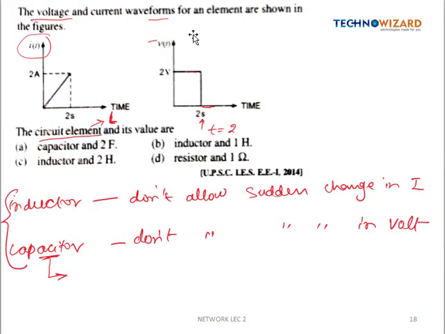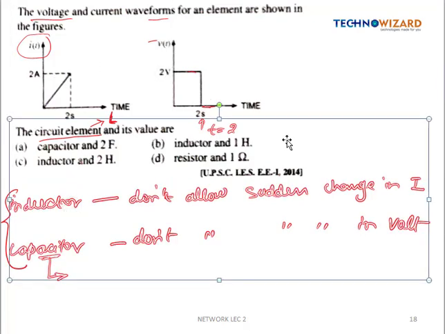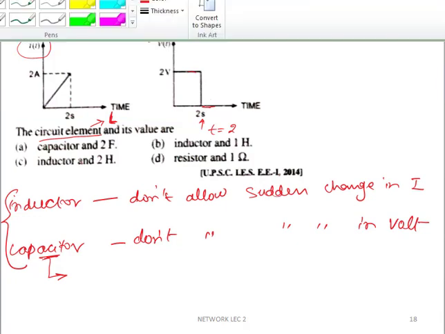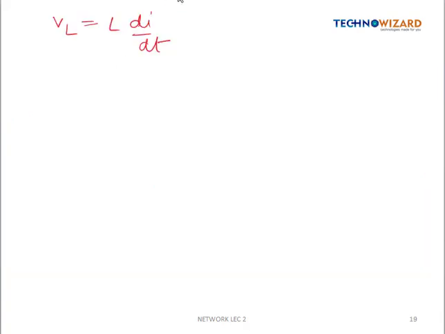So the voltage across the inductor is given as 2 volt, and here the change in current is 2 minus 0 divided by the change in time, which is 2 minus 0, so the value of inductance is coming as 2 Henry.